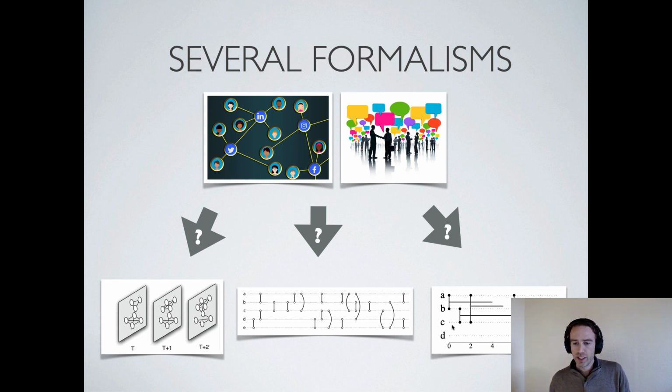Another possibility is if I have this network of long-lasting relations, then I can take one particular time, for instance at 1, and consider every edge and node active at that time as a snapshot, so as a static graph.